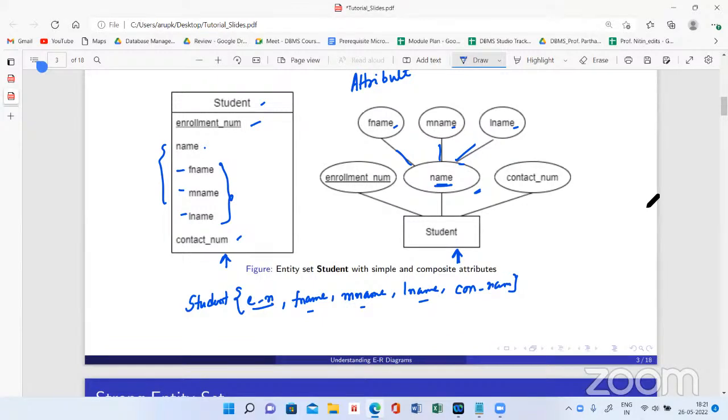Compound key and composite key are the same thing, right? Yes. You read compound key, no? No, sir. In the first week, sir explained keys, where he spoke about composite key, and I think he didn't say composite key. He mentioned compound key.